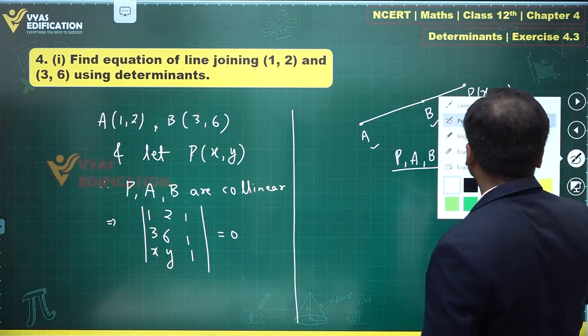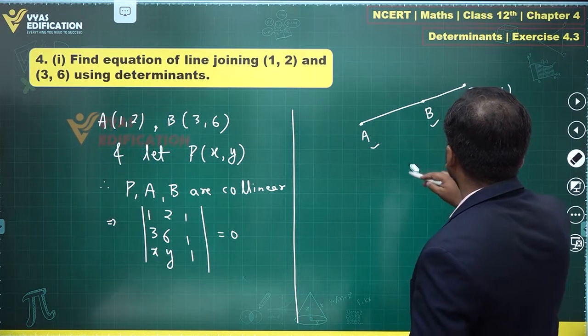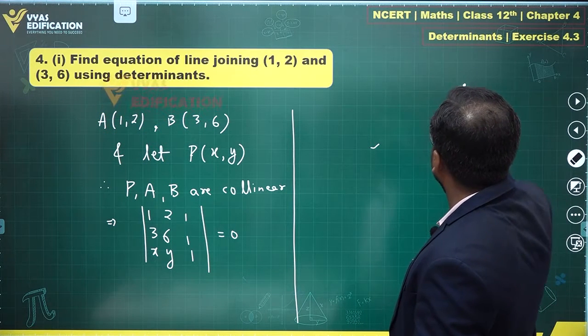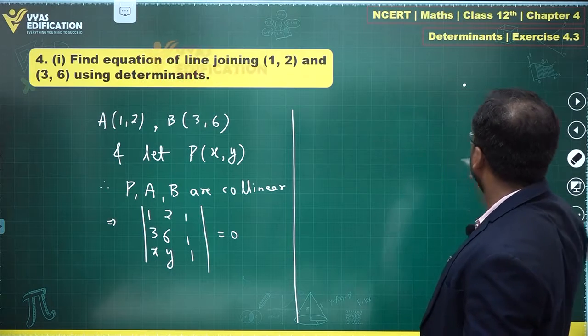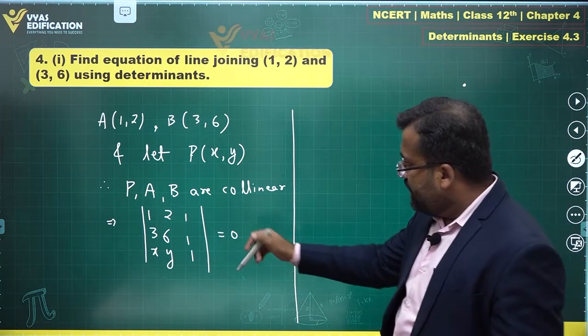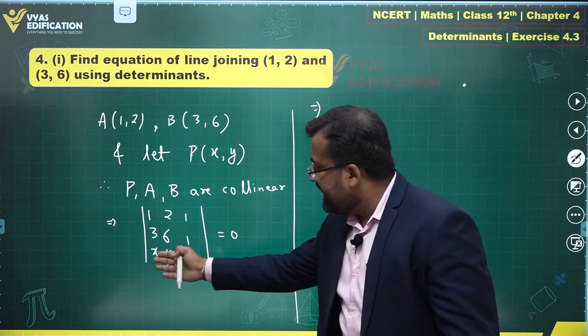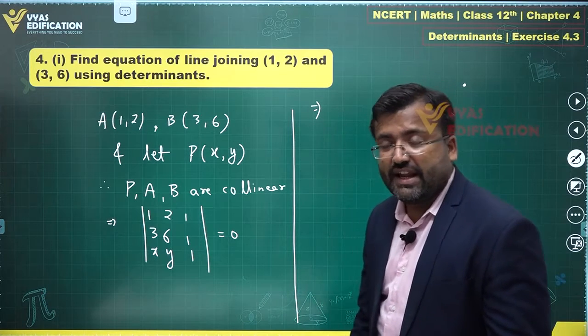What we can do is, let's get rid of this. Okay, this is not required. So next, what I can do is I can simply expand along the last row. Can I? Yes.